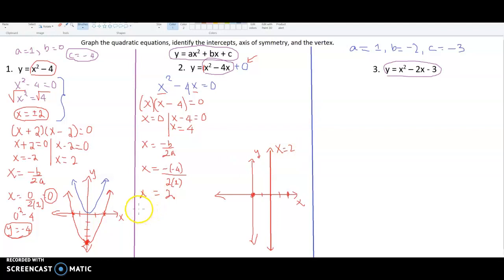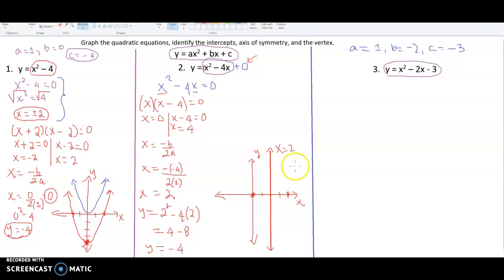Now, how are we going to find the vertex? We're going to go ahead and take the 2, substitute it back into the equation here. So that's going to be 2 squared minus 4 times 2. And that's going to give me 4. 4 times 2 is 8. And 4 minus 8 is negative 4.